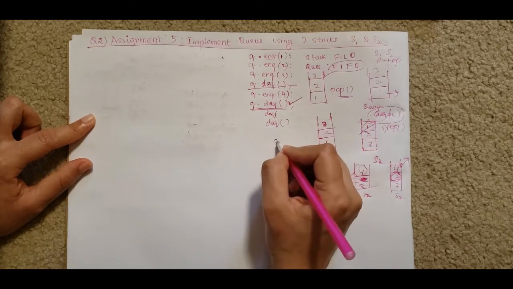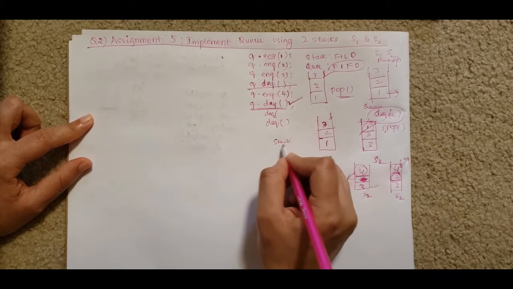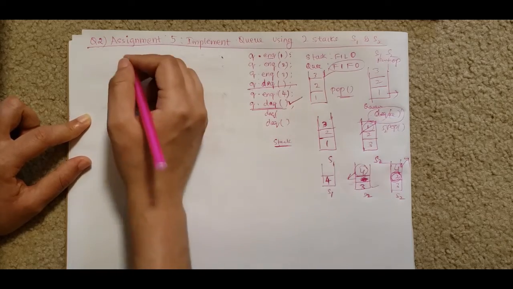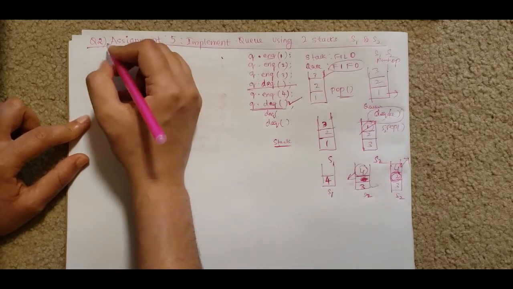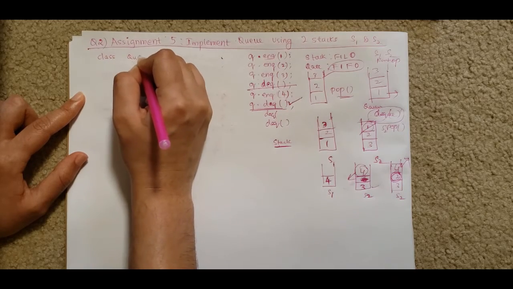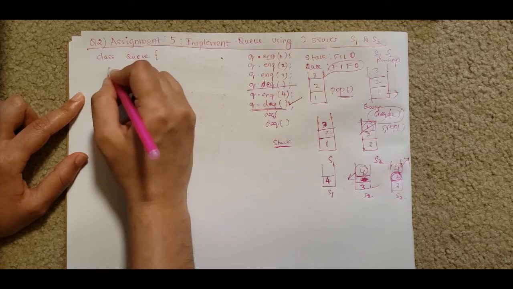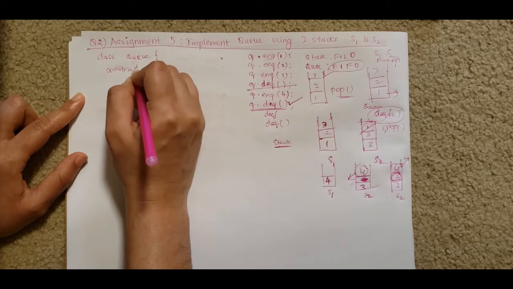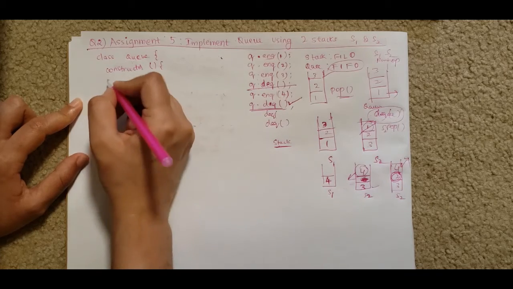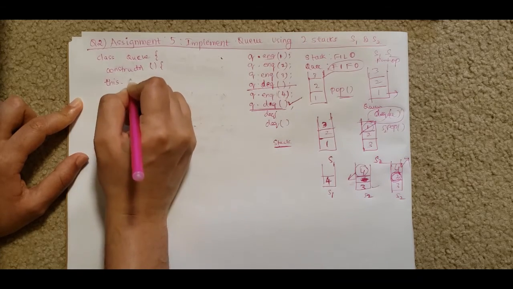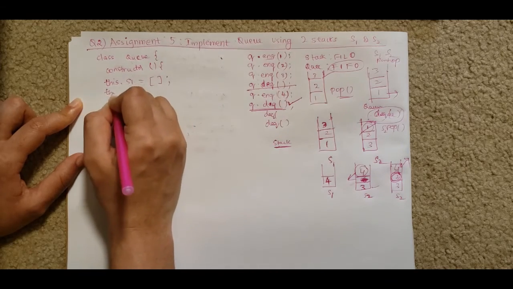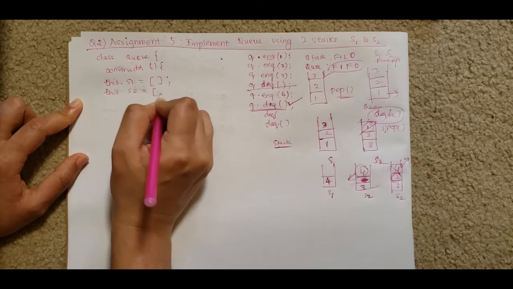JavaScript doesn't have stack or queue data structures. So for stack, we can just use the array data structure and implement. I'll first define a class called queue. Inside the constructor, I'll initialize 2 stacks: this dot S1 is equal to an empty array, and this dot S2 is an empty array.